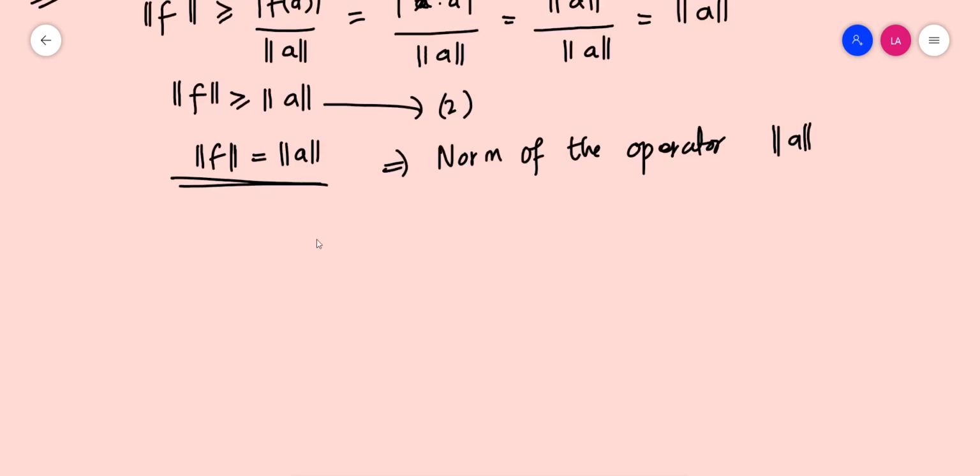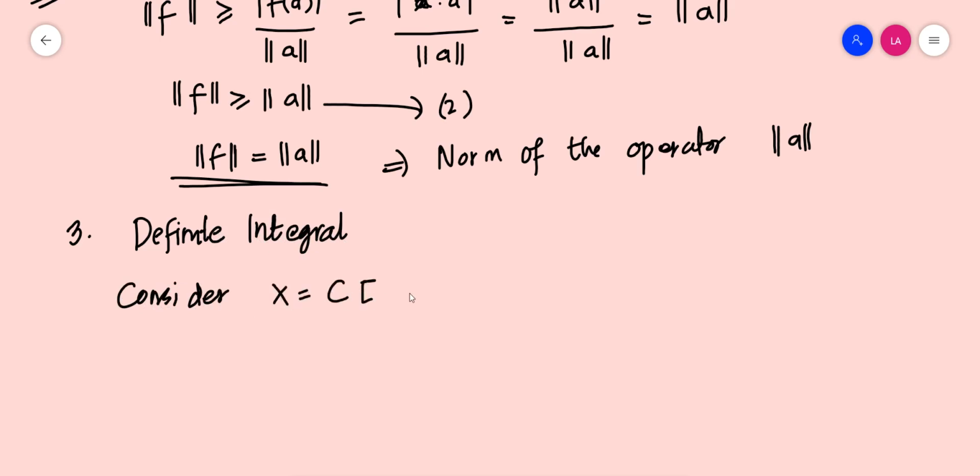Now moving on to another example, example 3, which is defined in terms of a definite integral. So consider the vector space X equal to C[a,b], the set of all continuous functions on the closed interval [a,b].